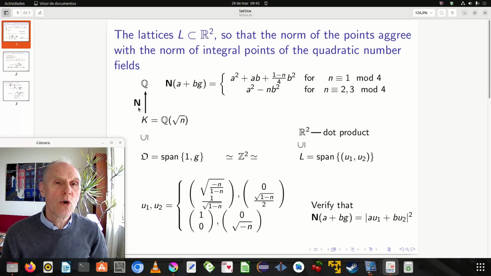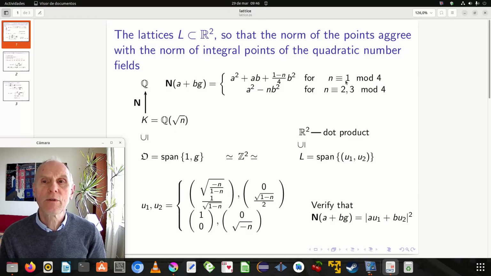So this is the norm map into the rational numbers, and the norm is defined this way. And of course g is square root n if n is equivalent to 2 or 3 modulo 4, and n must be square-free, of course.